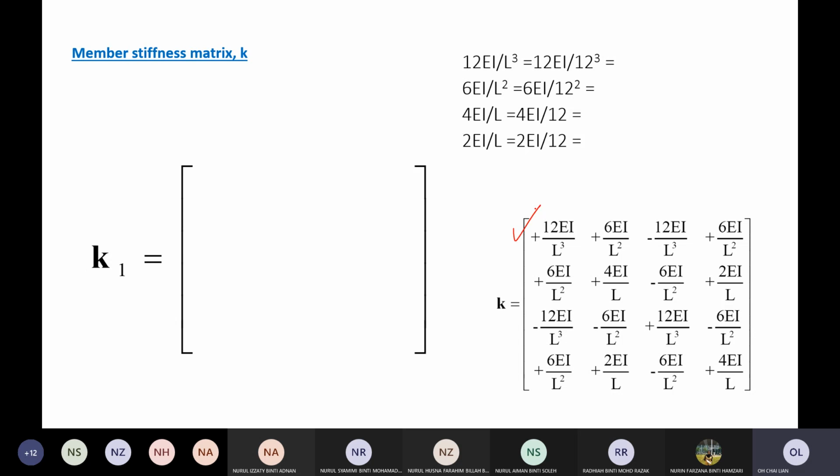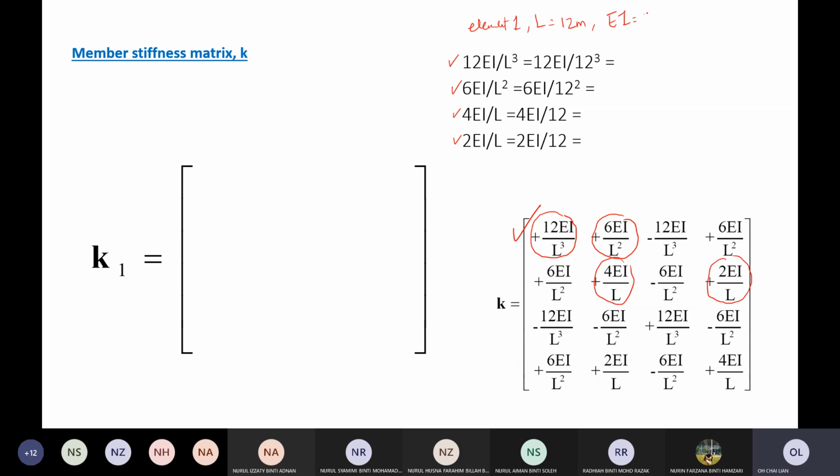If you still remember, we have only 4 elements that are different in this template, the ones that I circled. Therefore we need to determine the value of these circles: 12 EI over L cubed, 6 EI over L squared, 4 EI over L, and 2 EI over L. For K1, element 1, L is 12 meters.